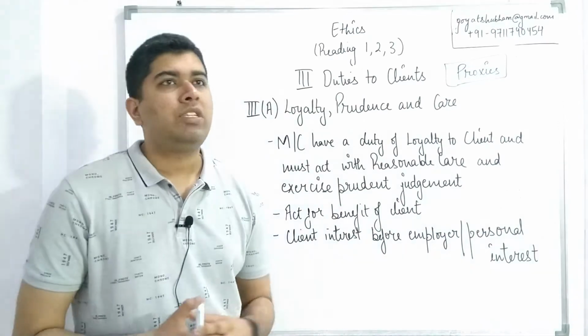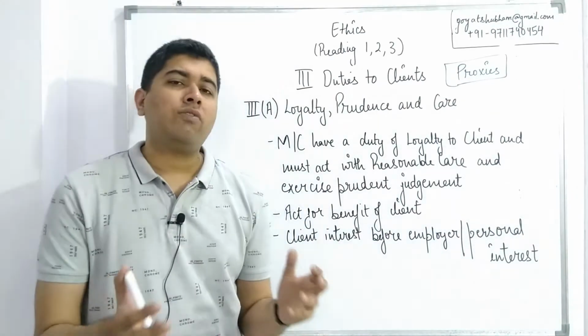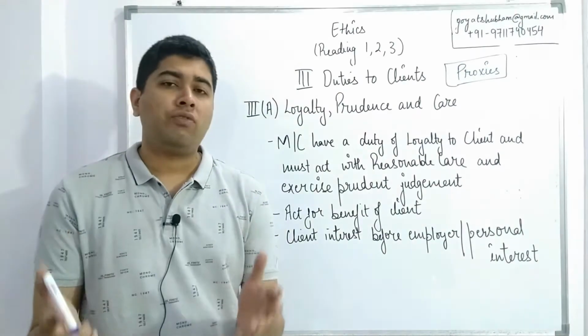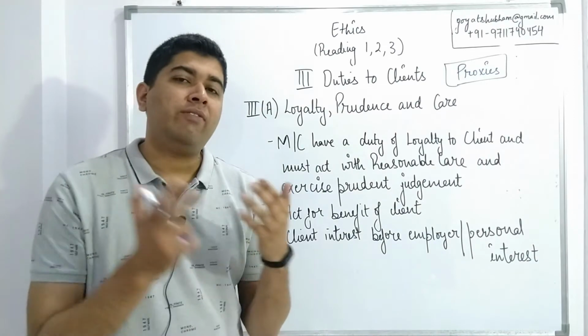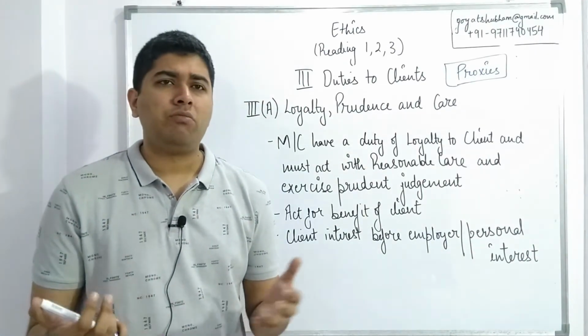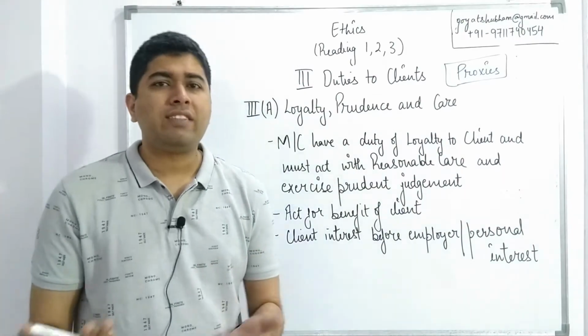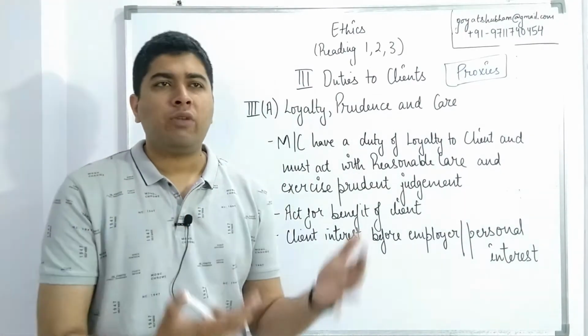Now, aside from this, one other thing that the Institute mentions is that any sort of client brokerage, commission, or soft dollars that is received should be used to benefit the client. One basic example could be that you get some client brokerage on a particular client who is investing in, let's say, equity shares.